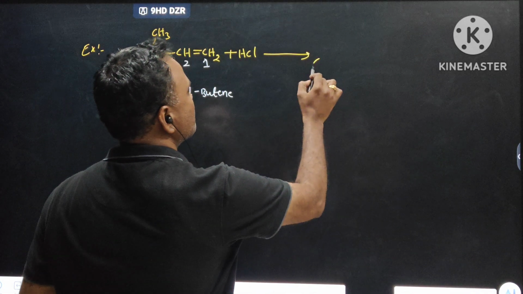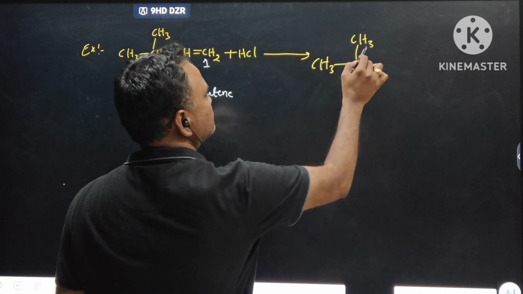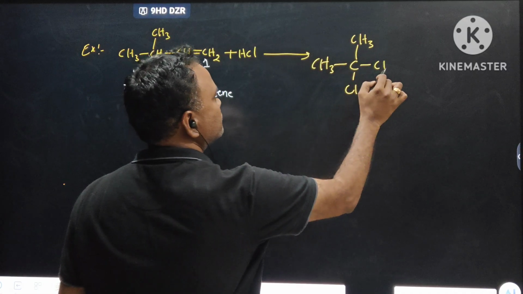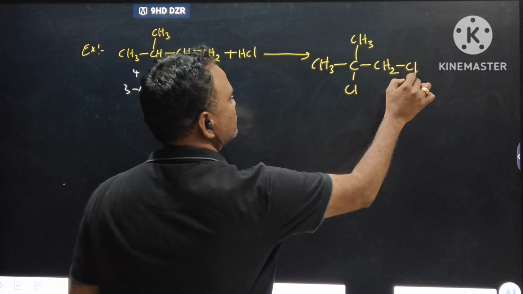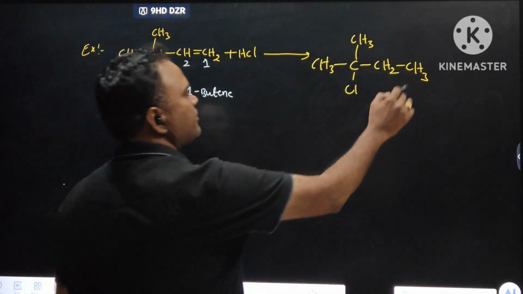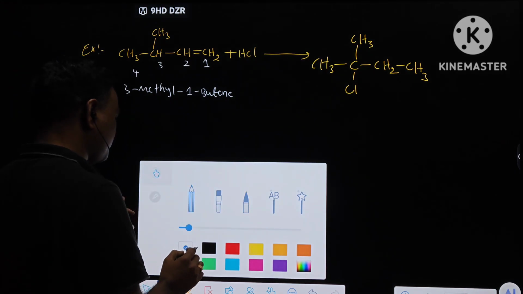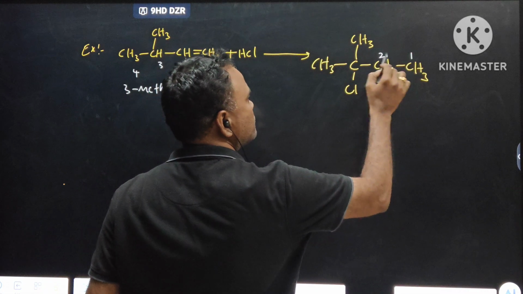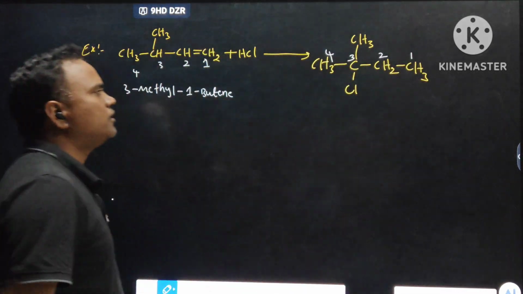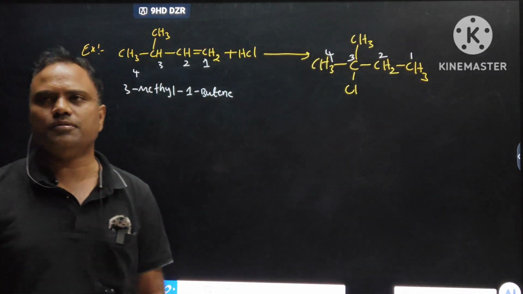Look at this. I am giving numbering: 1 2 3 4. At the third carbon Cl is added. Let us see the mechanism.